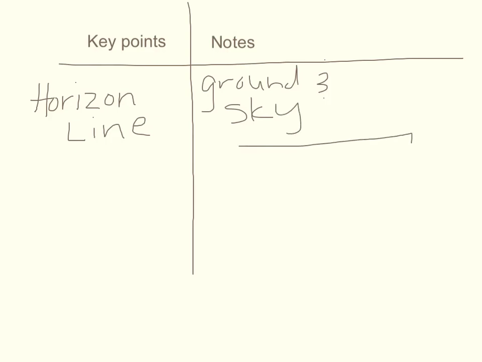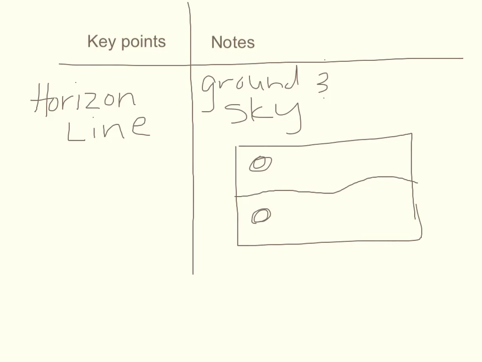So if I show a little picture here, this is my piece of paper, and I draw a line going horizontally from one side to the other, that is a perfect horizon line. This would be the sky up here, and this would be the ground.